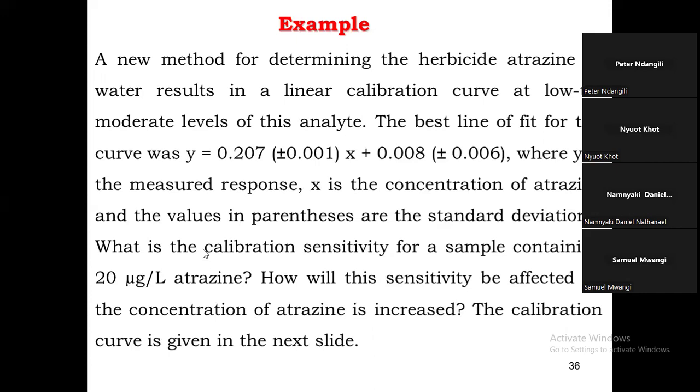You see, when you have this question, remember, this is going to be our sensitivity. We need to check from the calibration curve if this value lies within the linear range. If it lies within the linear range, then this is going to be the sensitivity. Okay? So, look here.